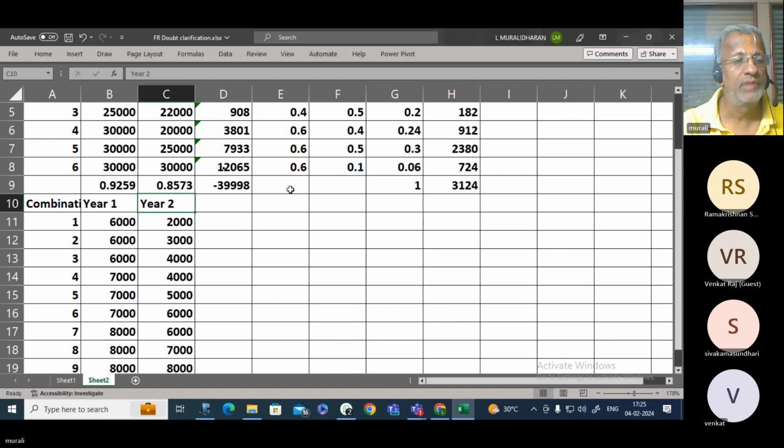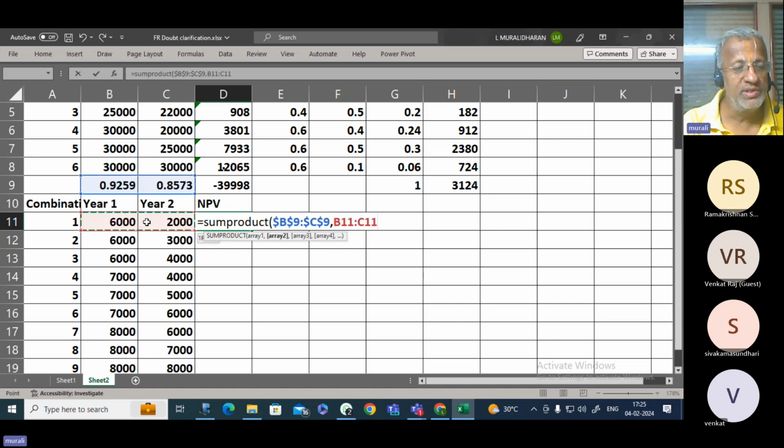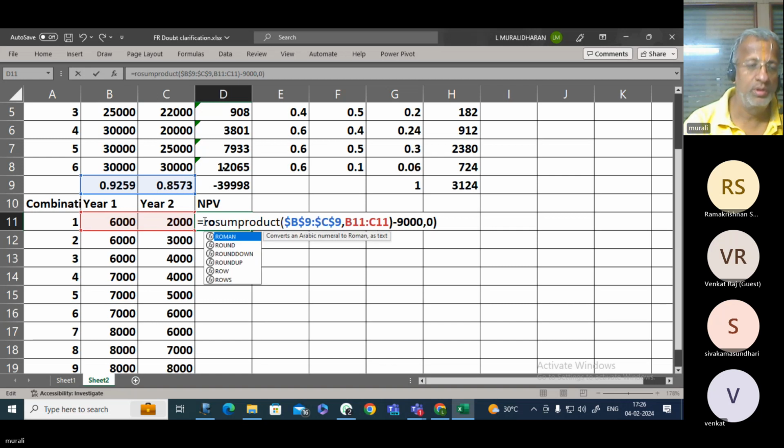0.8573. Now, how do I arrive at NPV? Just take the sumproduct where this is going to be common, constant, comma, this minus 9,000, comma, 0, round.